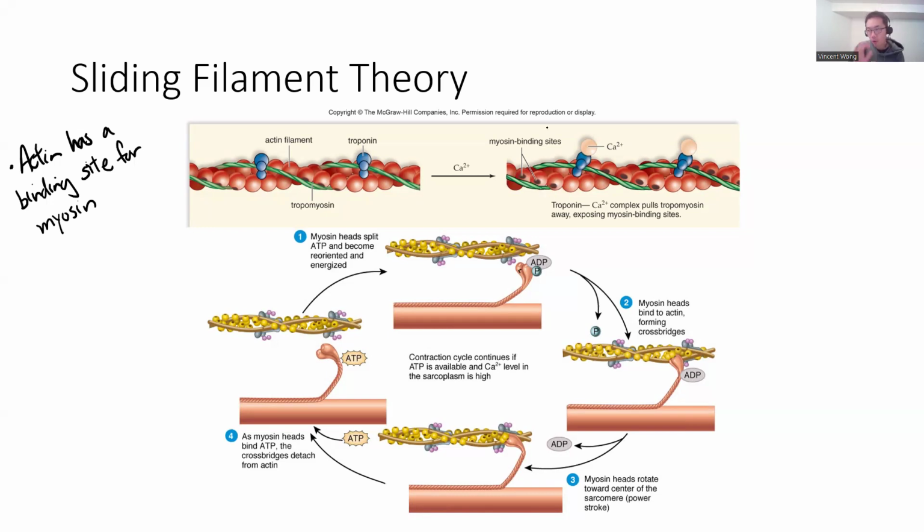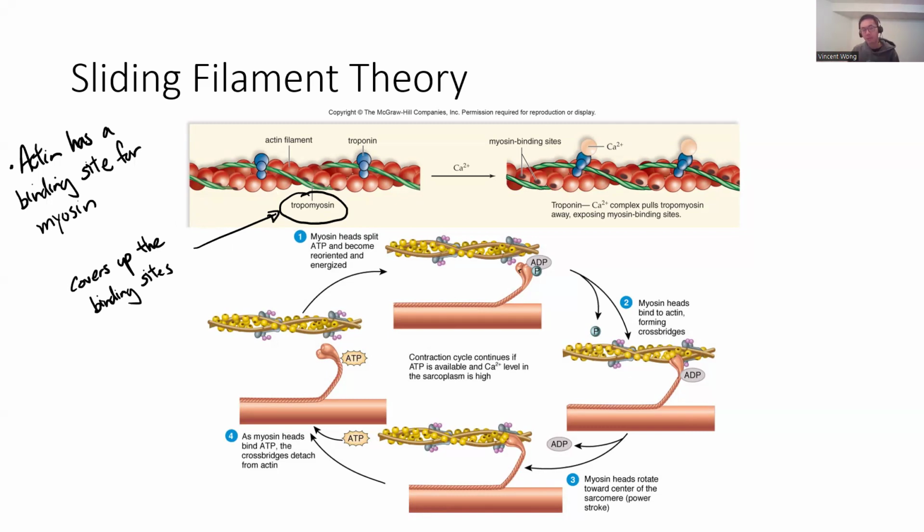Okay, but normally when your muscle is not contracting, the binding sites are covered up by tropomyosin. So this thing covers up the binding site. Okay. The green strand covers up all the binding sites.